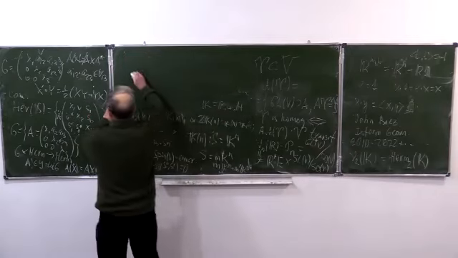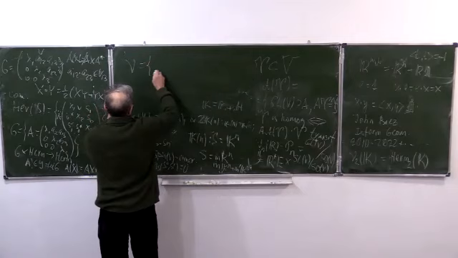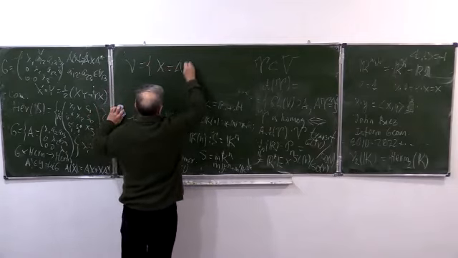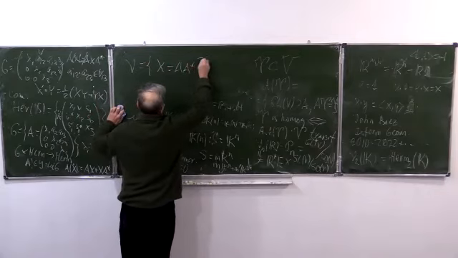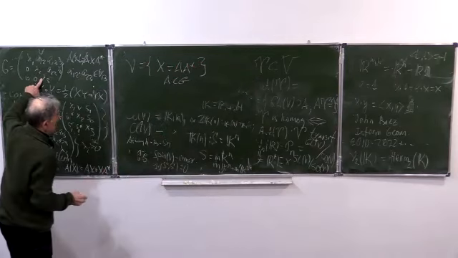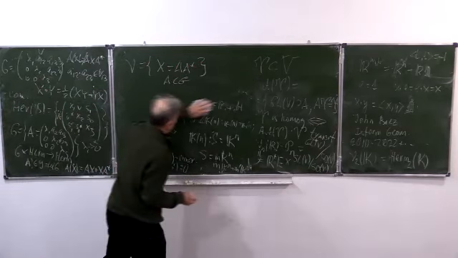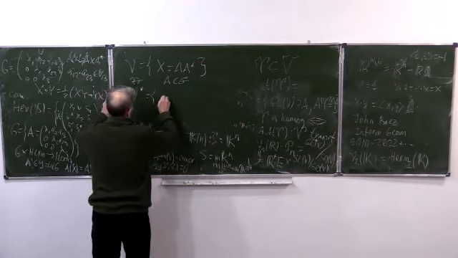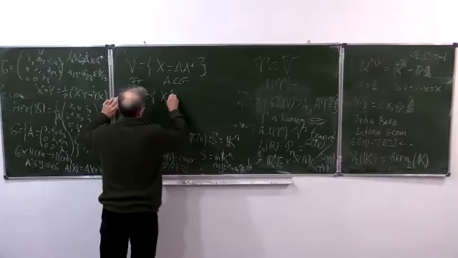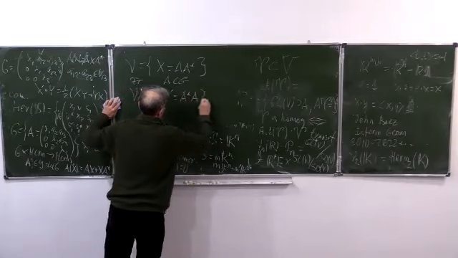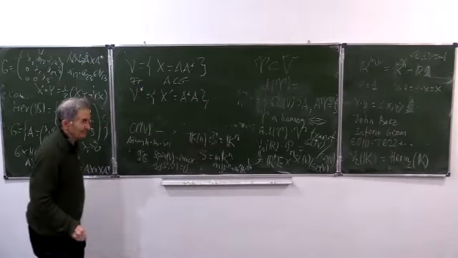Then we have the cone V, which consists of all matrices X which have the form A A star, where A belongs to G. So A has such form. And then we can prove the dual cone V star, which is not isomorphic to this, is given by X prime equals A star X A. This is the dual cone.